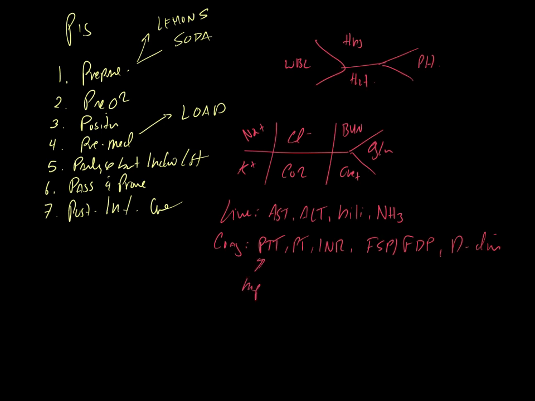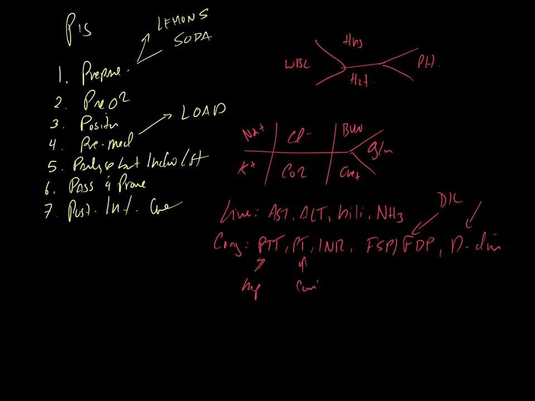And then Coumadin, PT and INR. Good. Elevated fibrin split degradation products are classically seen in DIC. Elevated D-dimer is seen in situations where you're breaking down blood clots, right? PE would be one example, trauma, those kinds of things.